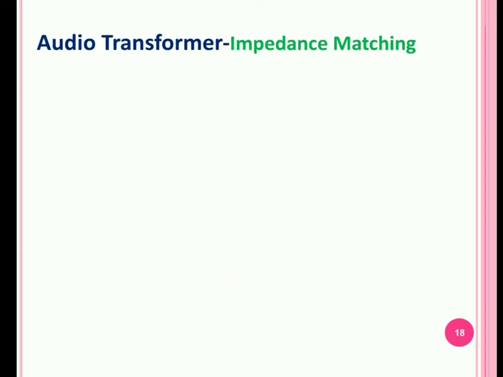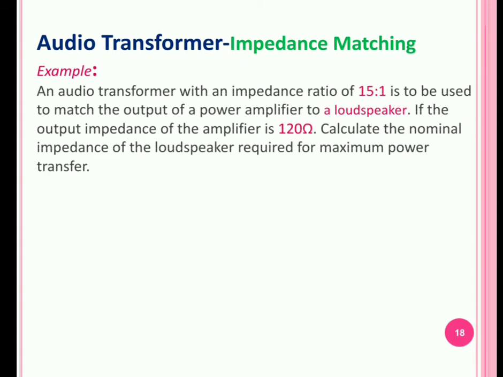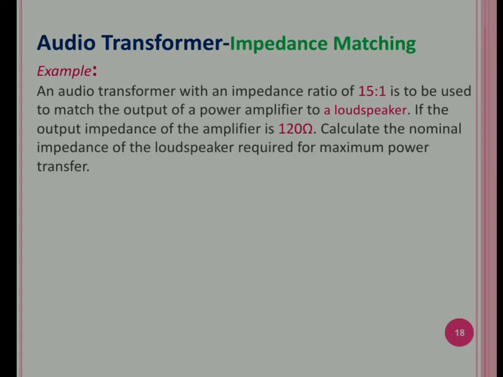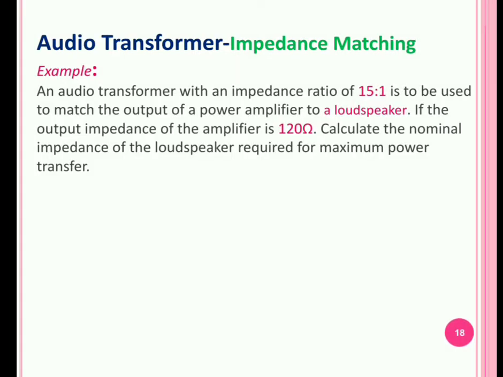Then let us see some more audio transformers used for impedance matching. Here you have an example. Suppose you have an audio transformer with an impedance ratio of 15 to 1 that is used to match the output of the power amplifier to a loudspeaker. If the output impedance of the amplifier is 120 ohms, calculate the nominal impedance of the loudspeaker required for maximum power transfer.